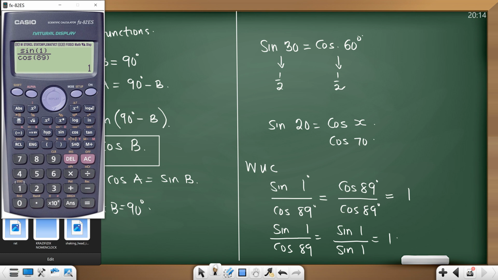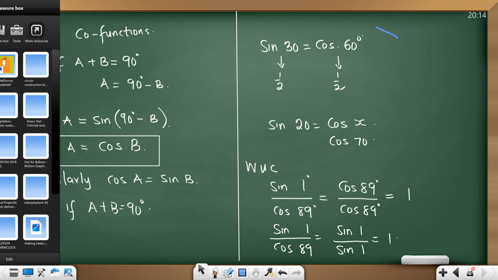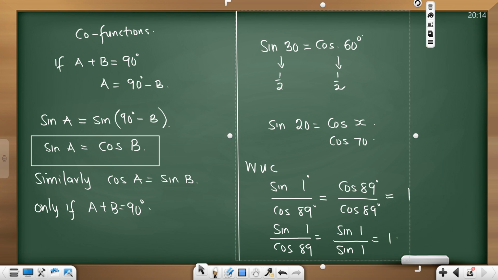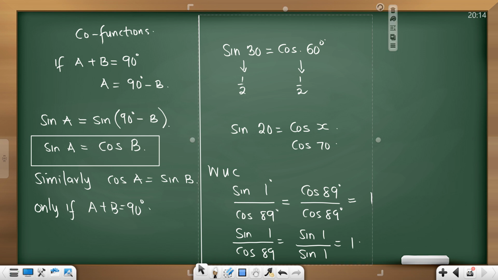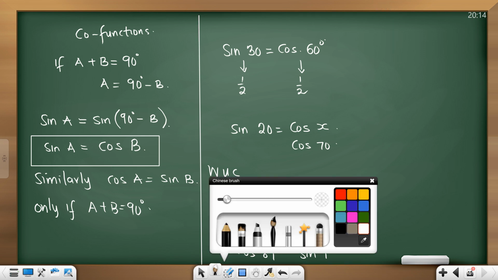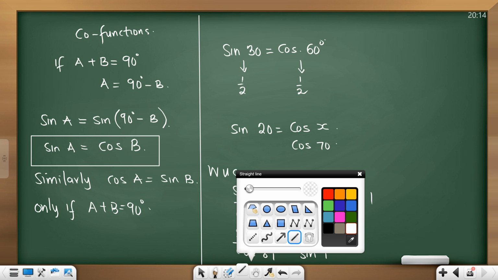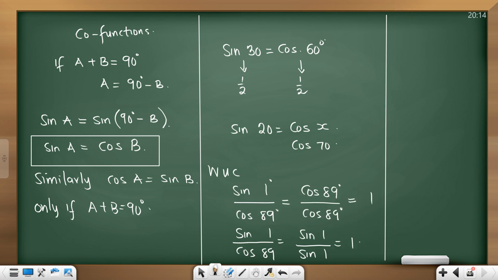Okay, do this one for me. Let me shift. I want you to just do one more, and please don't use a calculator. Oh, no. What I wanted to do will not work. Okay, it's fine.